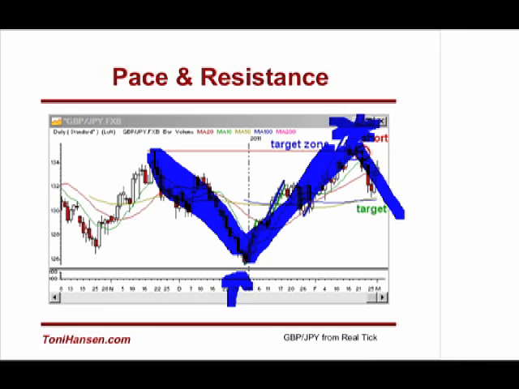We're looking at that happening right here, where this second low was lower than the first low back here in A. And so this level, based upon the pace or the momentum, really helped establish that as a resistance zone.